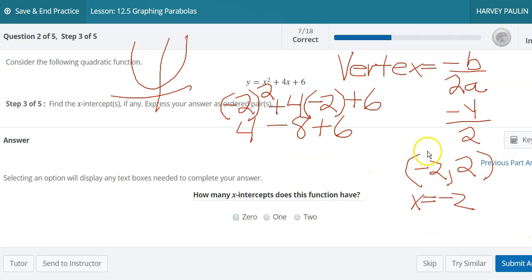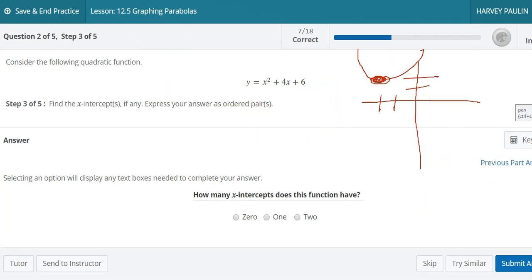Now we want to see what our intercepts are going to look like here. So I'm going to take off some of this and show you what the graph sketched is like a little bit. So sketching this, our vertex we said was -2, 2.